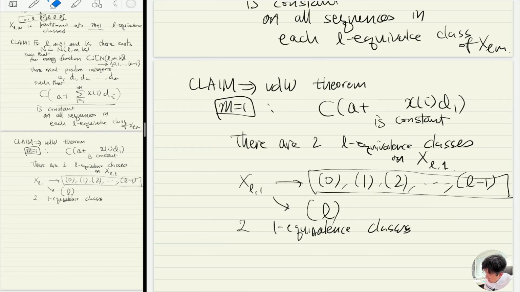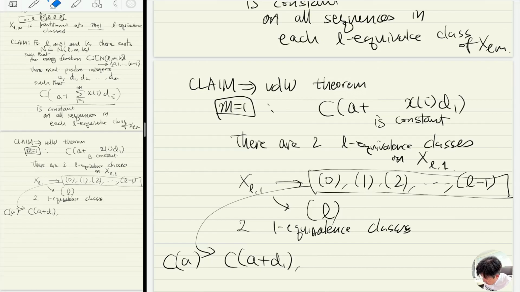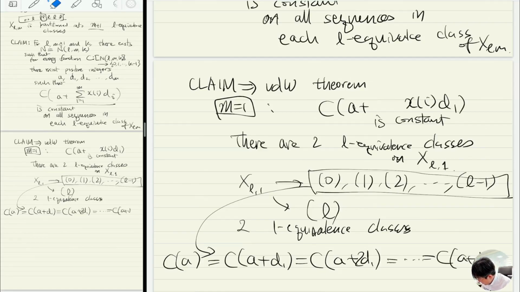If you plug in this first equivalence class, then x is 0, 1, 2, 3. So this implies that C of a, C of a plus d1, C of a plus 2 d1, up to C of a plus (L minus 1) d1, all these things are equal because this claim says that this is constant.